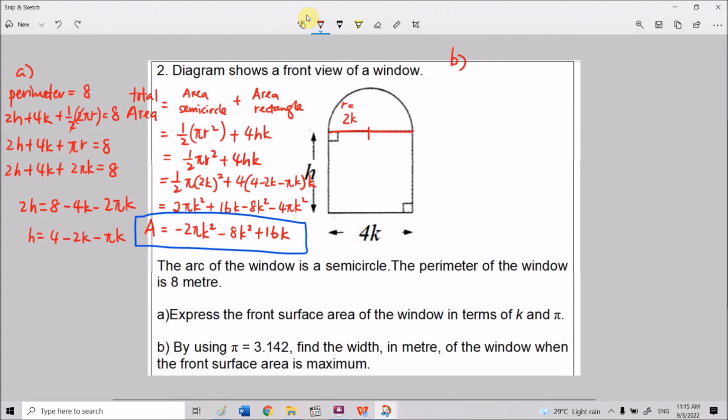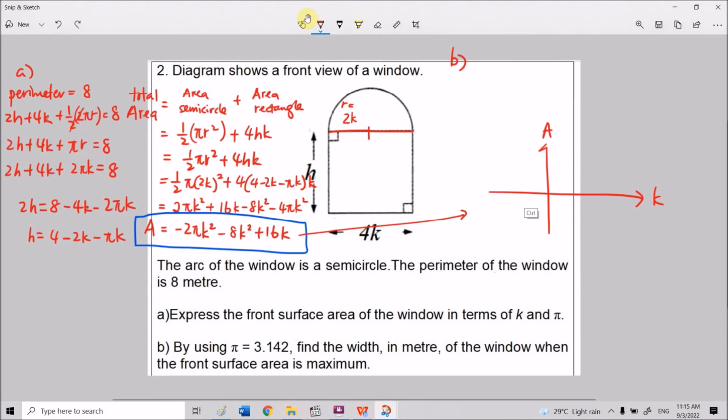And you can see that k here is squared, meaning this is a quadratic equation. If we try to express this on a Cartesian plane by plotting the graph of A against k, because the two variables here are A and k, and pi is a constant, since this is a quadratic equation, you might get a parabolic curve.